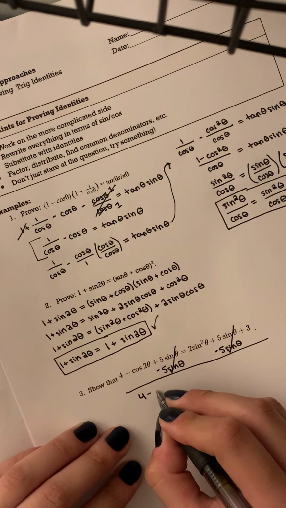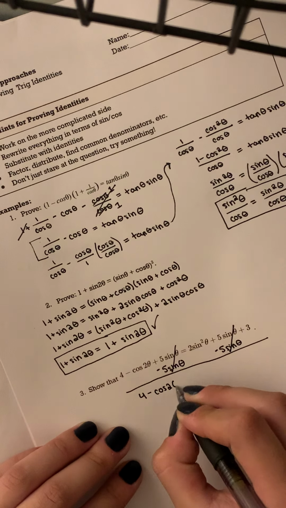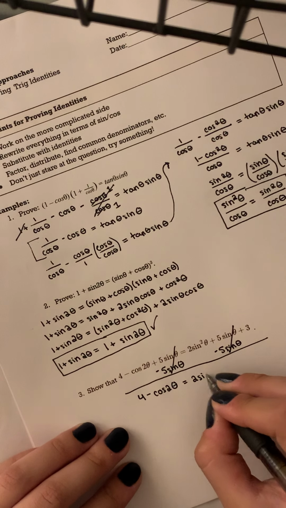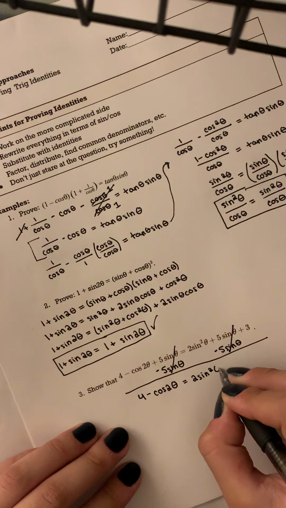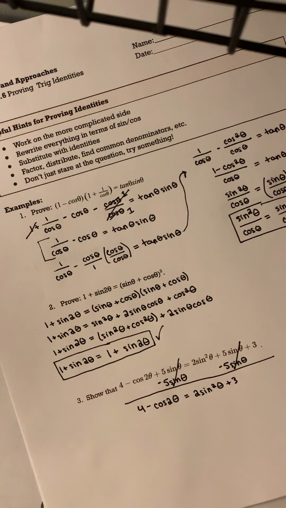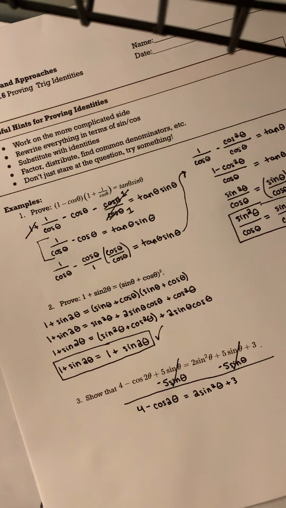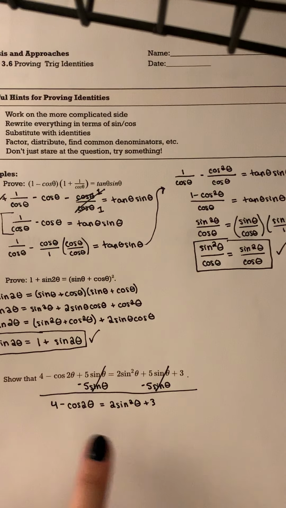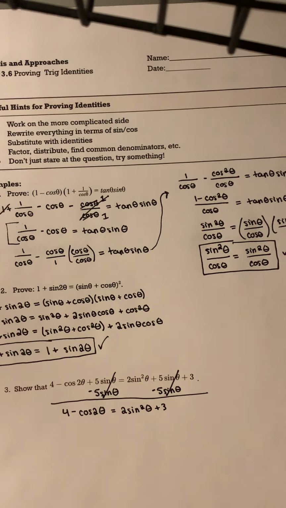So we're left with 4 minus cosine 2 theta is equal to 2 sine squared theta plus 3. And so I'm looking at what we have left here, and when I'm looking at what I want to substitute in, I'm kind of checking back and forth to see what I have and what I can do.